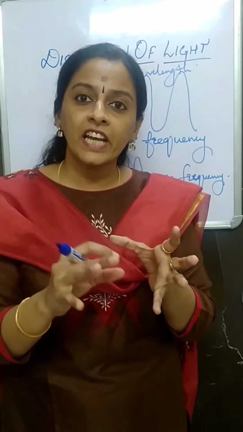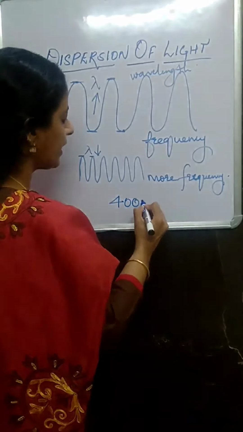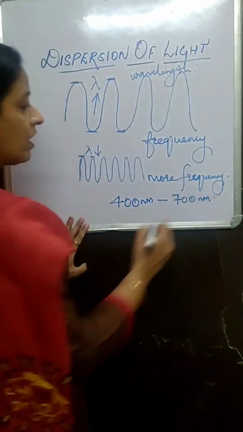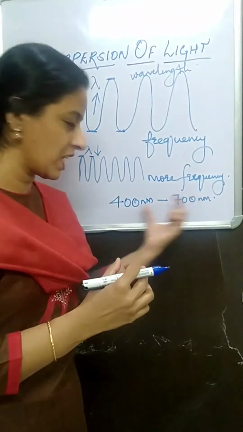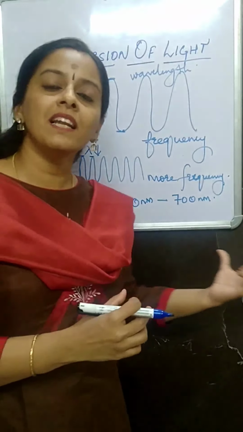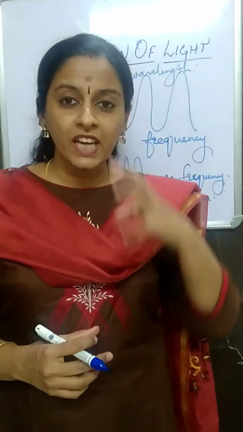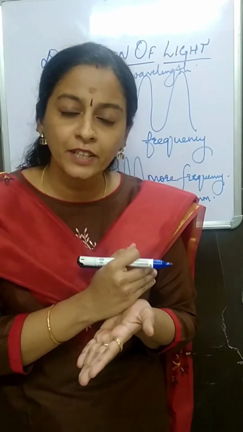Now, our eyes are able to see radiations of wavelength in the range between 400 nanometers and 700 nanometers. Our eyes are able to catch radiations of this range. This is the visible light range. The colors that we can see go from violet to red.